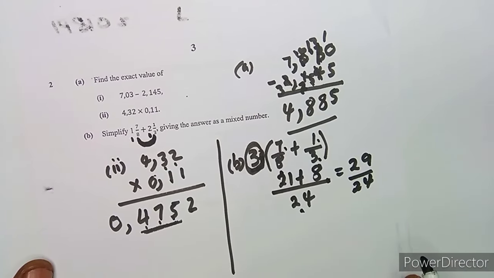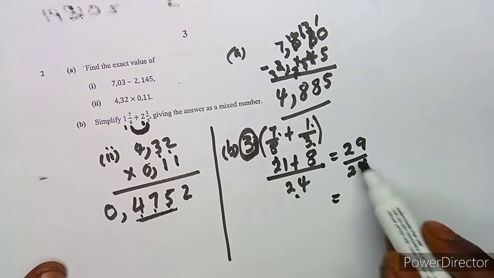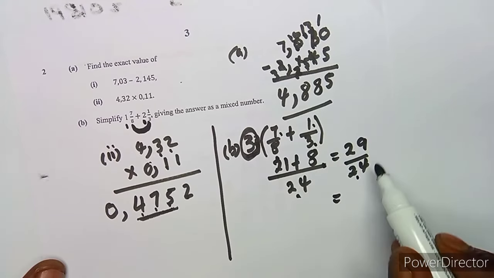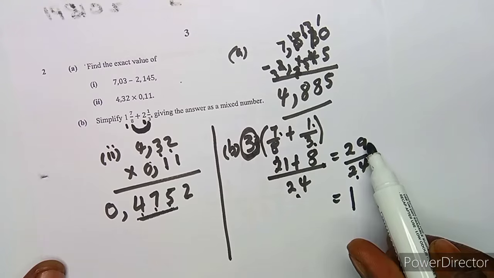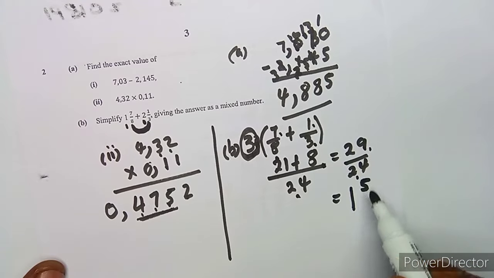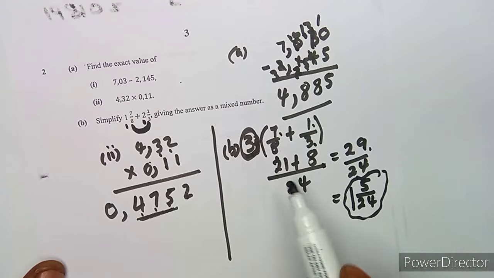So take note, this is what you're obtaining after adding, but we can write this as a mixed fraction, which is 24 into 29. That is 1. Remainder, that's 29 minus 24, which is 5 over 24. So this is what we are obtaining after adding these two fractions.